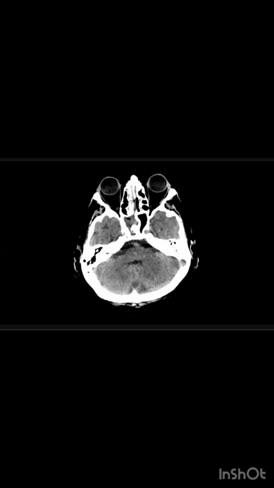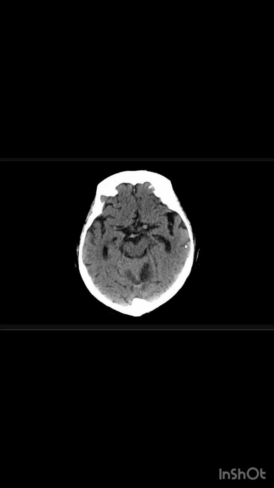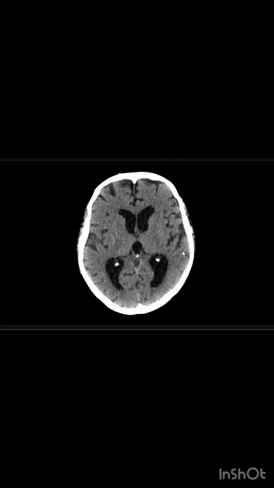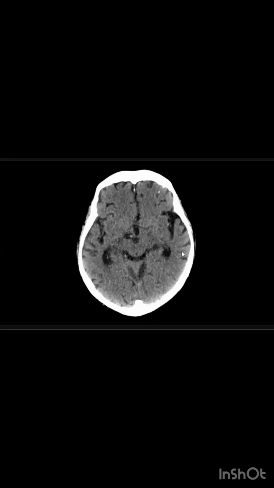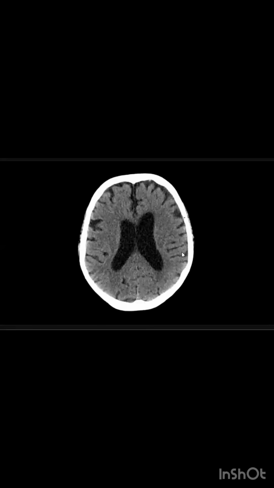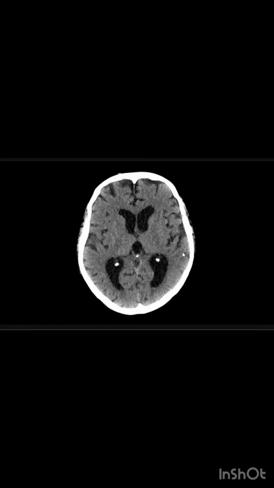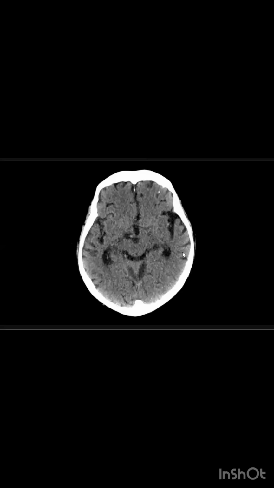This is a 70-year-old patient with a history of multiple falls and coordination symptoms. I can see some senile atrophic changes in the form of prominent intra and extra-axial CSF spaces.